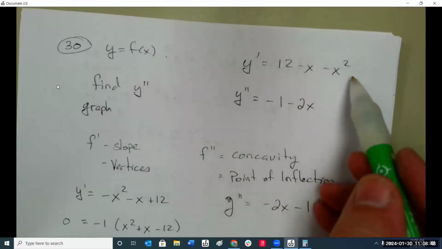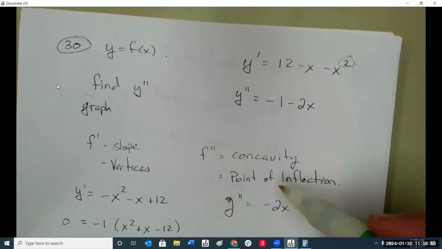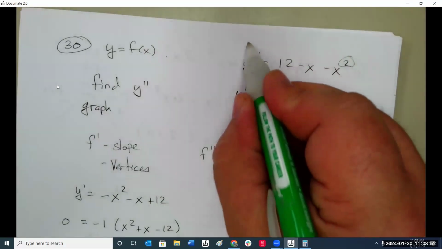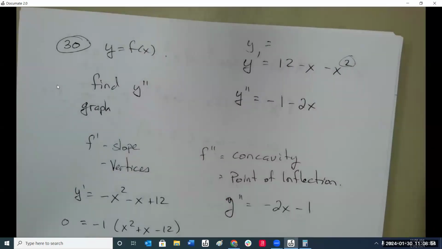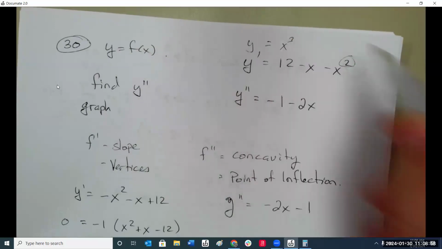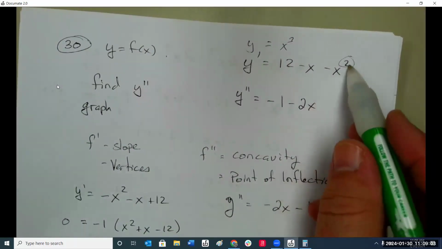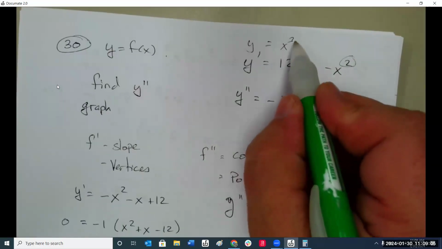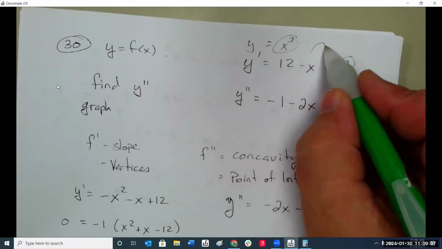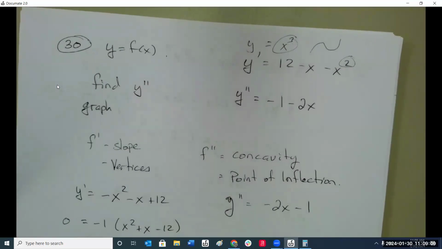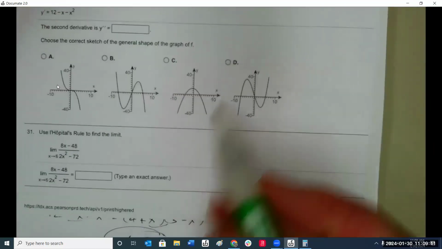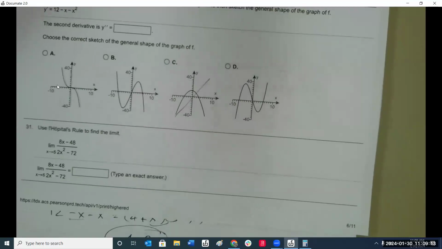If the first derivative is degree 2, what's gonna be the degree of the original equation? It's gonna have to be a cubic, because each derivative we lose an exponent. Since it's cubic, functions have this shape. So we know it cannot be this one.